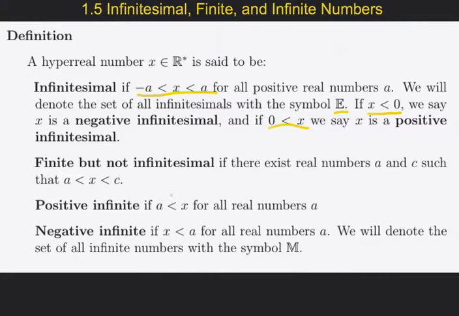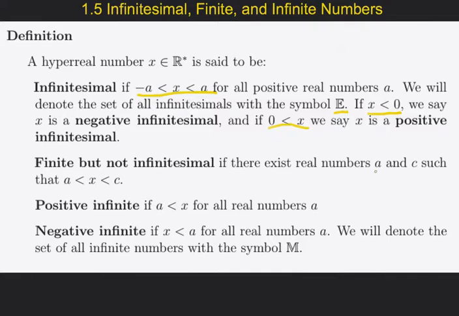So let's say we don't have an infinitesimal. Then the other category we could be in is finite, but not infinitesimal. We have a finite number if it's between two real numbers.